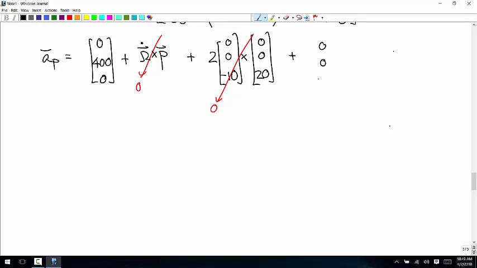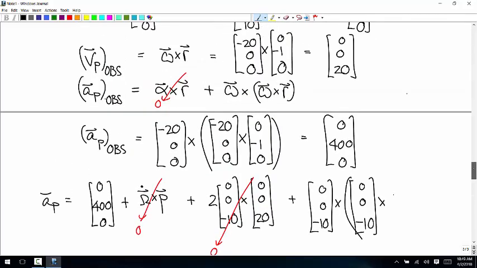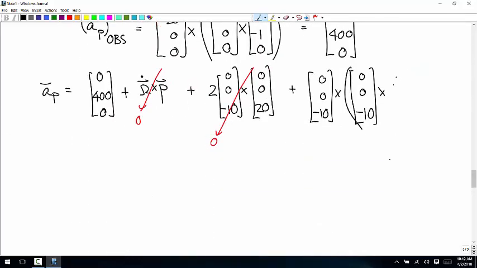Plus 0, 0, -10 crossed with the quantity 0, 0, -10 crossed with the position vector, -1, -1, 0.